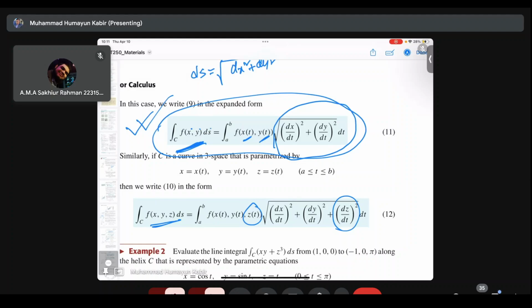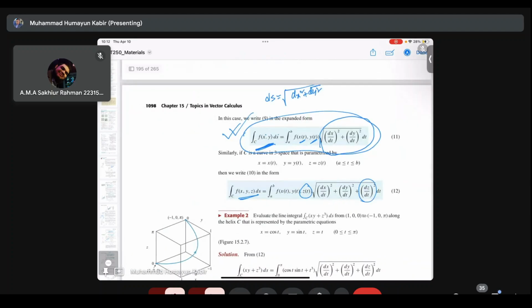We can transfer ds in terms of t, and we can also extract limits for t. And how can we extract the limits? We can find the lower limit for t from the starting point of the curve, and the upper limit of t from the end point of the curve. Okay? Is there any question?